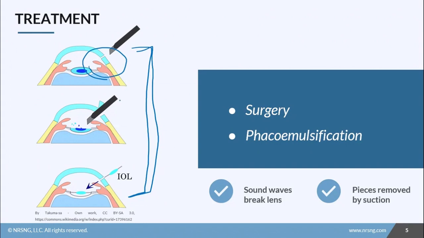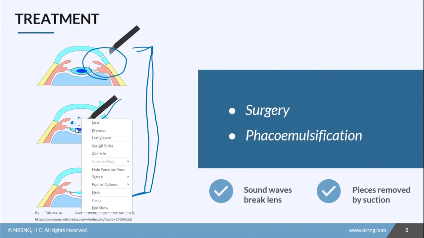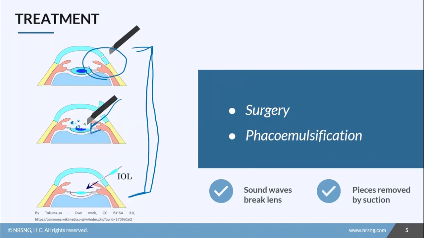Once the lens is accessed, they place a little probe in so sound waves can help break up the lens, and then it can be removed by suction. So we're breaking up the lens, and then it is removed by suction.